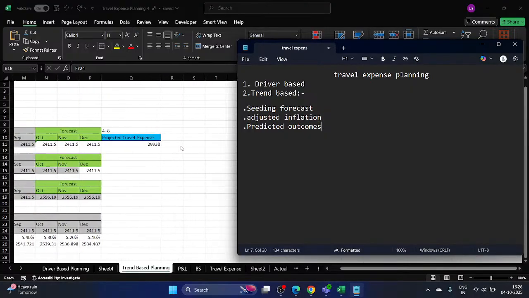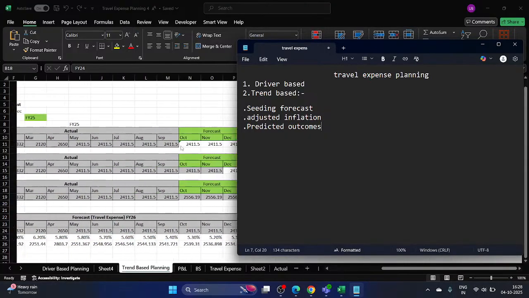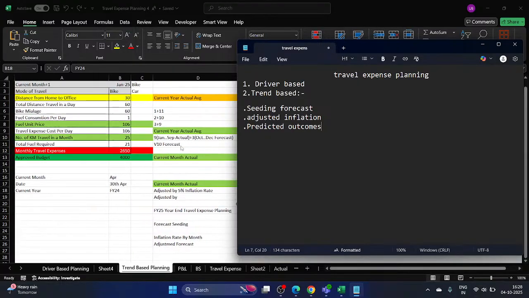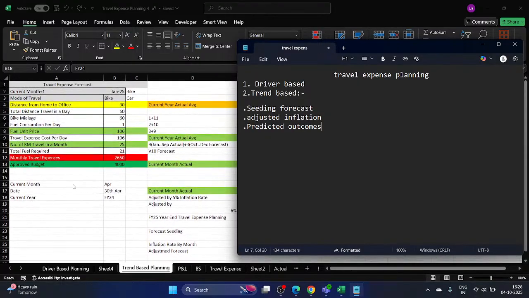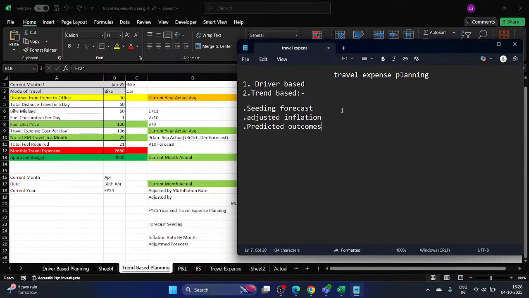These three things which we have done now. So these are the things which we have covered in our trend based planning.